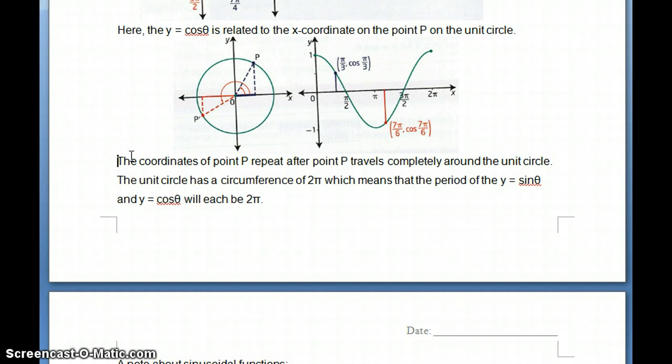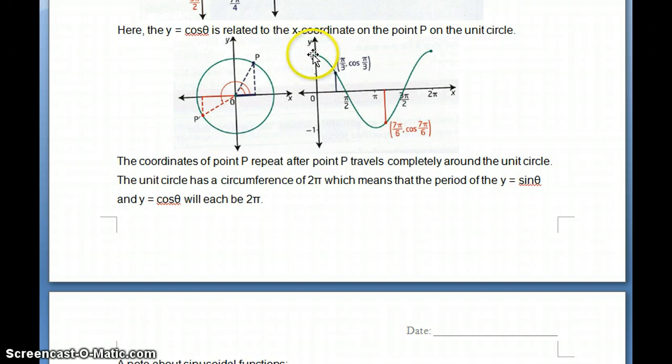The coordinates of point P repeat after point P travels completely around the unit circle. The unit circle has a circumference of 2 pi, which means the period of y equals sine theta and y equals cosine theta will each be 2 pi. Basically, we start at the beginning of our unit circle, and our graph goes through each and every one of those points until it returns to the original starting point.